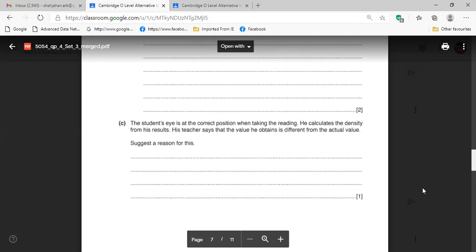We measured the volume from the measuring cylinder, that was correct, but for the mass, if we leave some water over there, we are missing part of the mass. So the density also comes out inaccurate. So you write it.